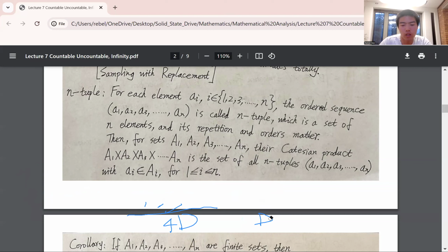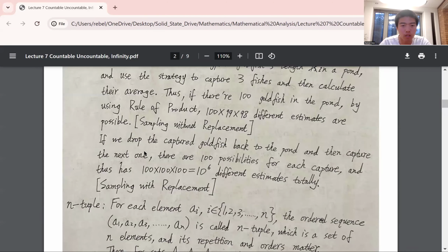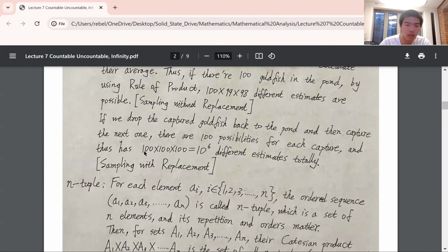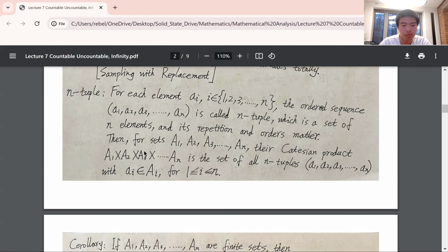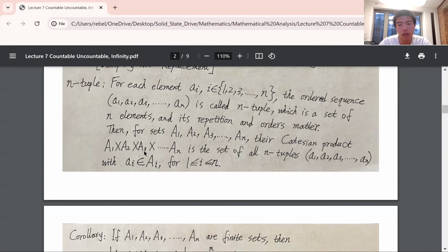And for sets, using n-tuples gives one very good example, which can extend our rule of product into more general cases. For all the sets A1, A2, A3 to An, their Cartesian product A1 times A2 times A3 times to An is the set of all n-tuples.